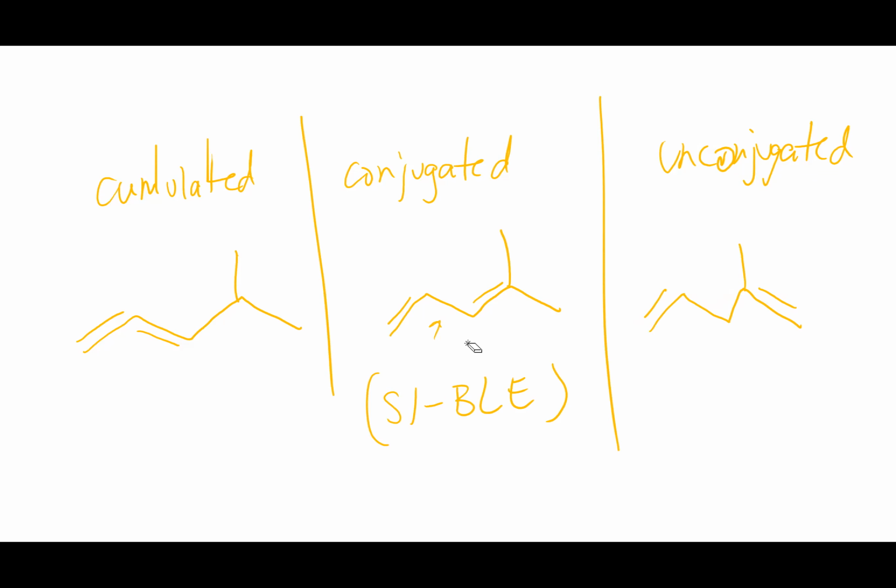We'll talk more about stability in unit 4, because this has resonance just like an aromatic ring. And then unconjugated at the end. These are 3 that you should know, could be a good multiple choice. I could show you a molecule and ask, is this type of alkene cumulated, conjugated, unconjugated, or none of the above.